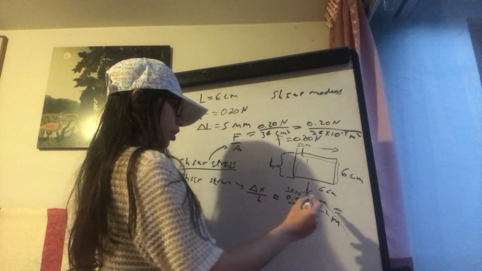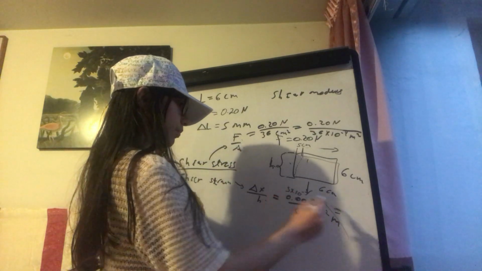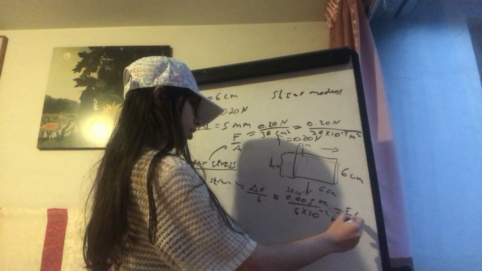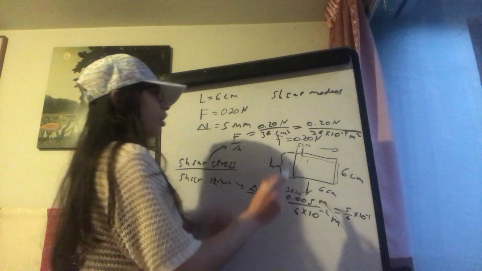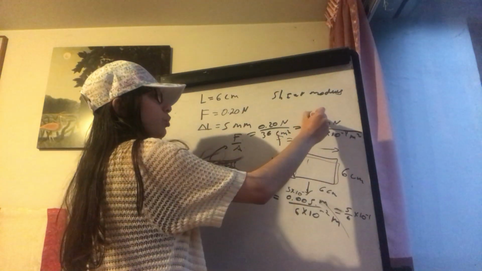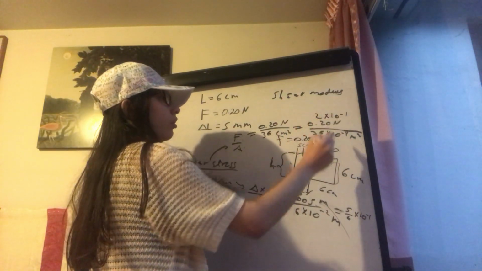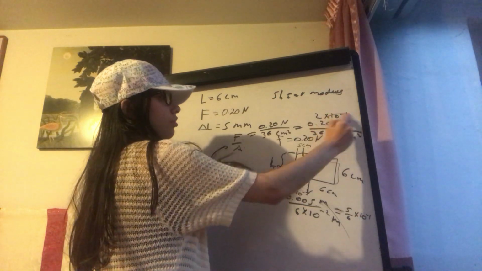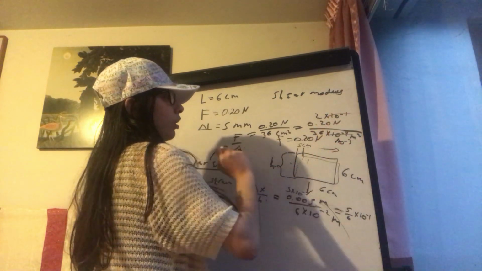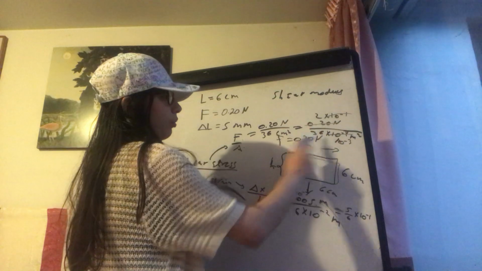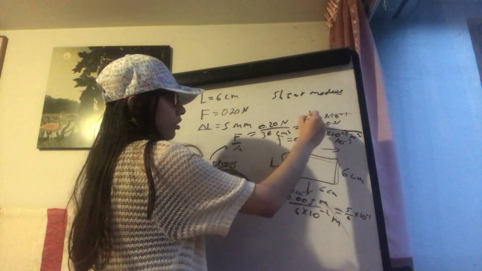So this will be 5 over 6 times 10 to the negative 1. And here this is 2 times 10 to the negative 1. So I have here just 10 to the negative 3, and I have 2 divided by 36, which would be 1 over 18.